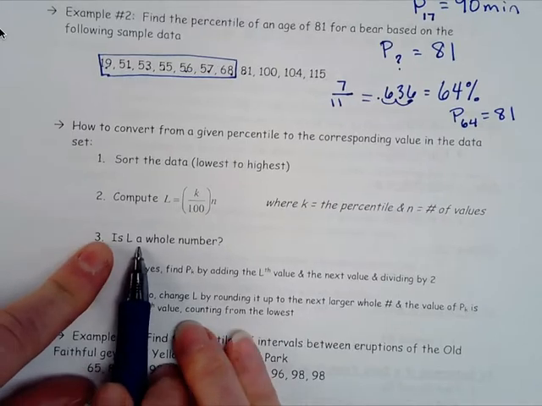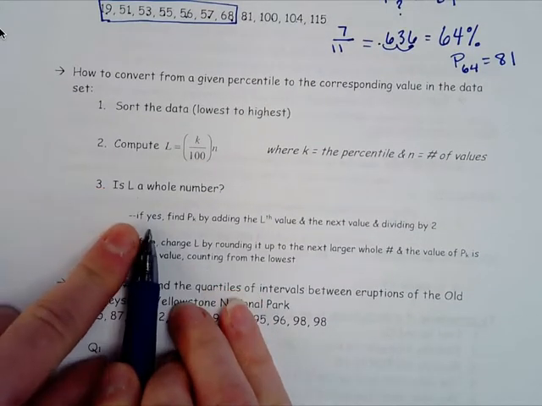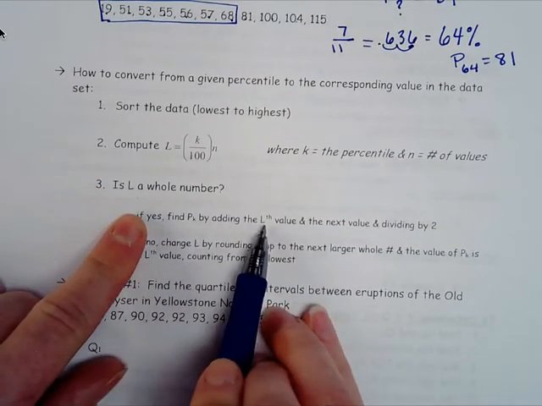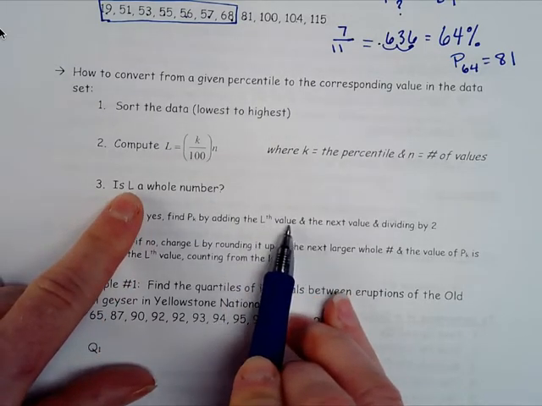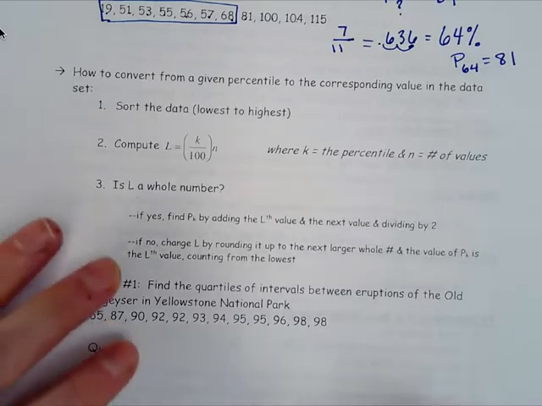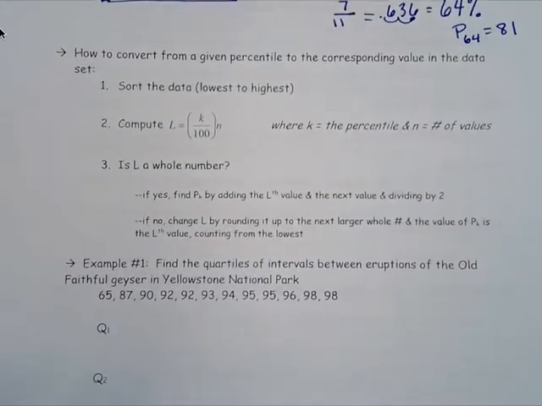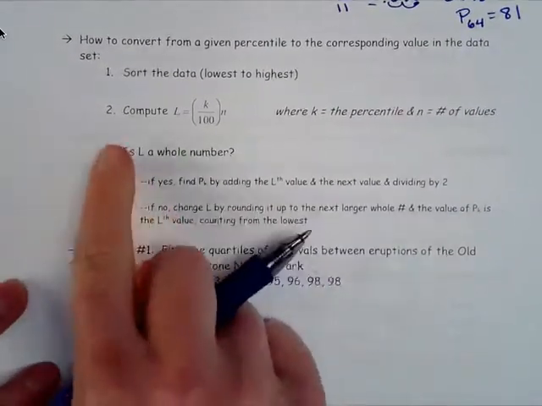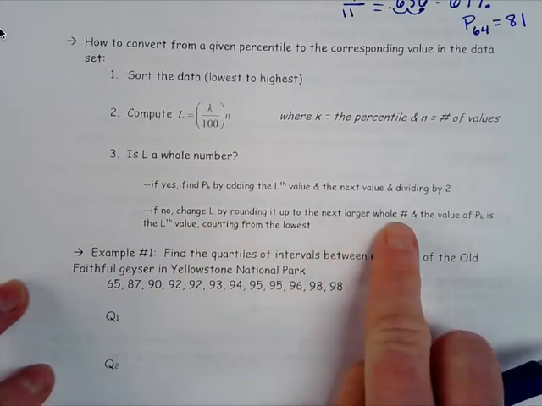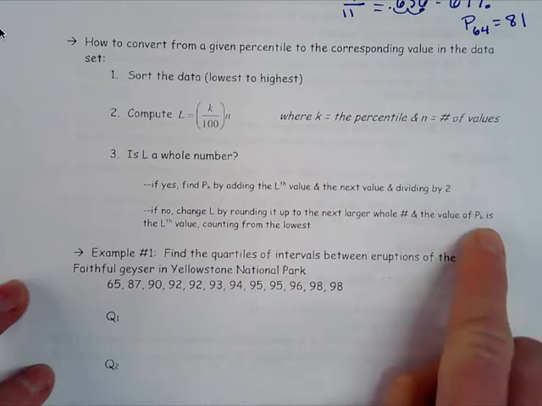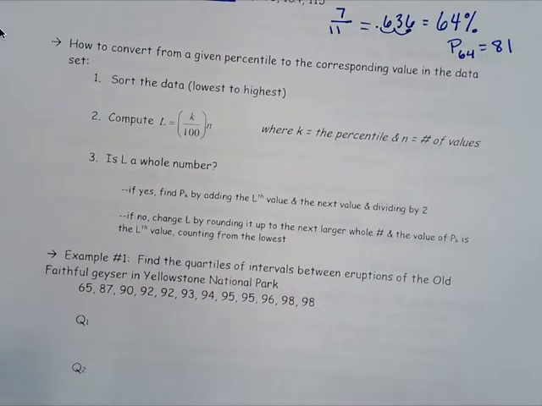If L is a whole number, then you add L to the value. So we're going to have to do an example for this, which I think is on the next page. And then if it's not a whole number, you're going to change L by rounding it up to the next larger whole number. And the value of PK is the Lth value, counting up from the lowest.